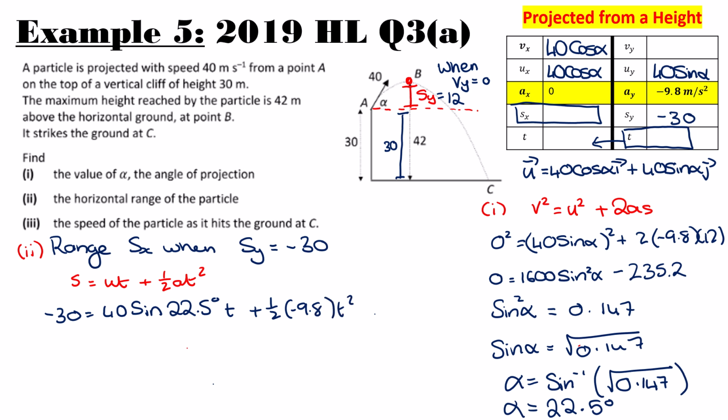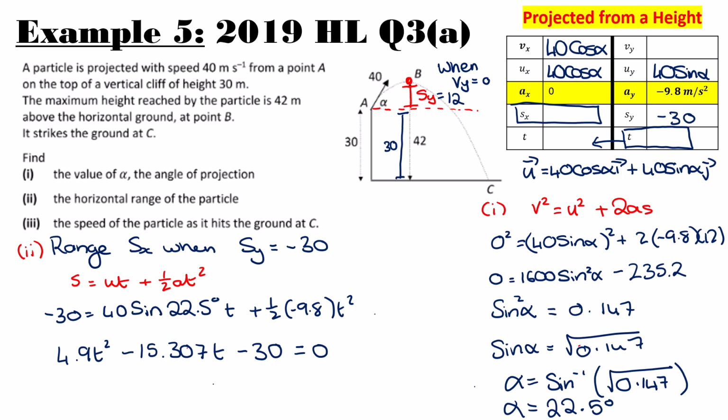Let's do a little bit of cleanup on that. So 4.9 t squared. We had a minus on the right, I brought that over to the left. Then 40 sine 22.5 t, so that's going to be minus 15.307 t, and we still have our minus 30 equals 0. So we have a full quadratic here.